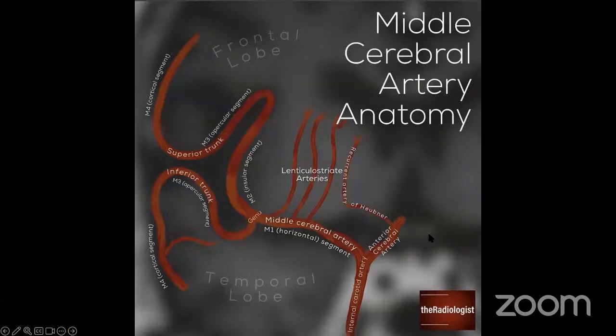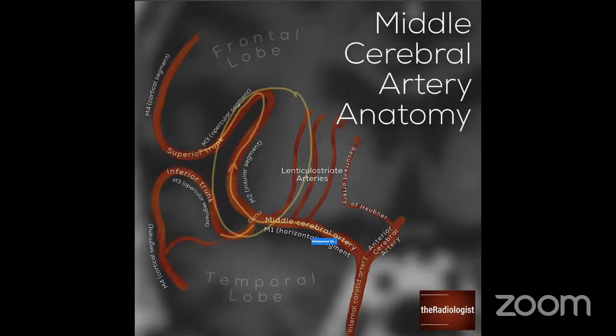This is M1, as I told you, and then this is a superior branch, an inferior branch, and these are M2, broadly speaking. The middle cerebral has to curve around the insular region, and it's very easy to capture. If you have an infarction or a dense MCA sign, it's very easy to pick it up in the insular region.